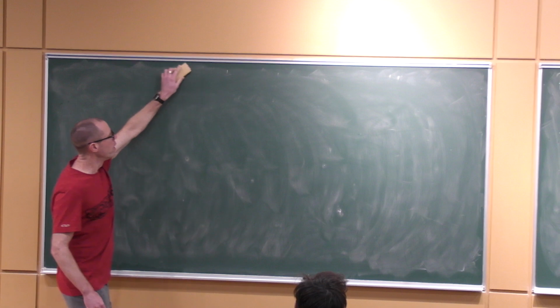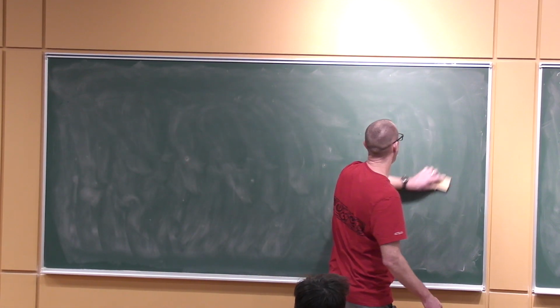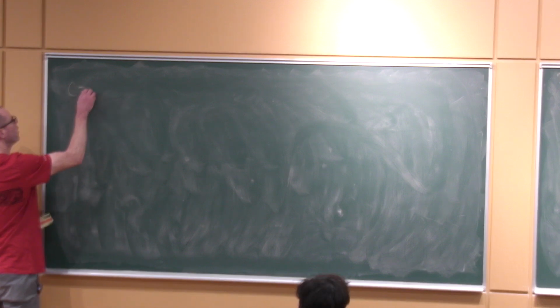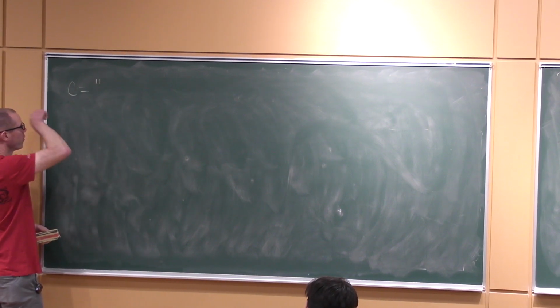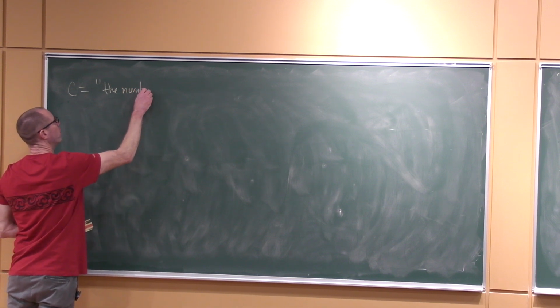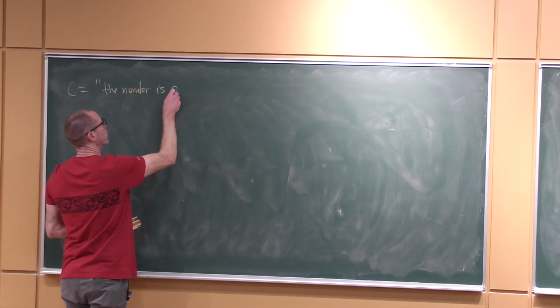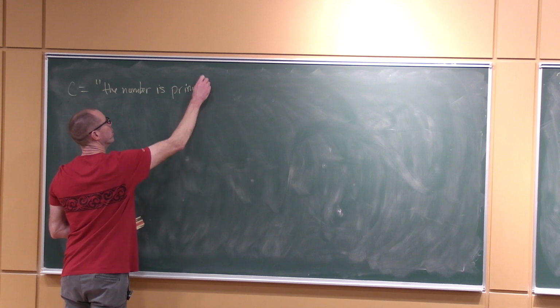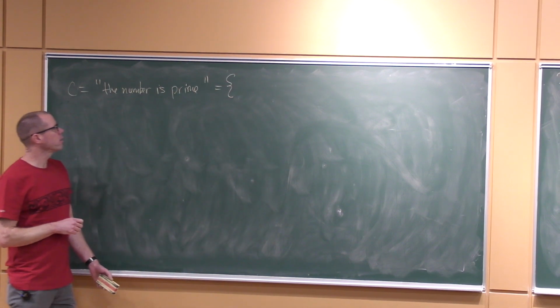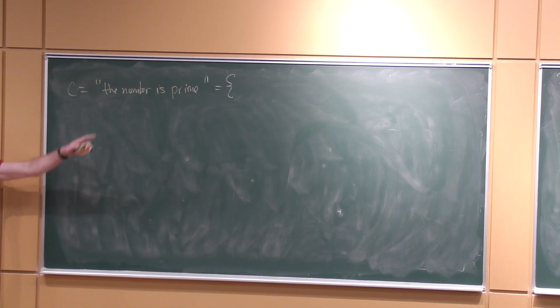Still working with rolling one 6-sided die. Let's say C is the event: the number is prime. So if I write that as a set, what are the prime numbers in there?